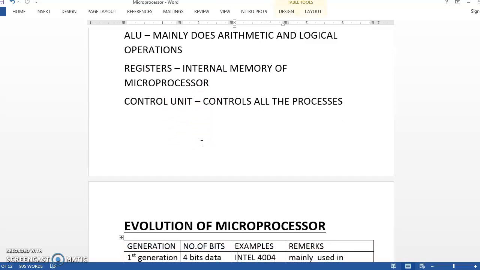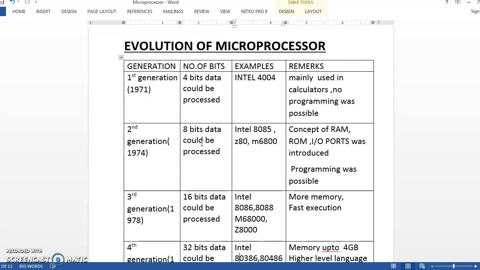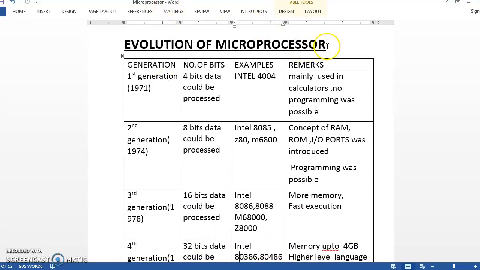So before going to 8085, we will see the evolution of the microprocessor. Evolution of the microprocessor basically depends upon the number of bits which it can process. The first generation is called the 4-bit microprocessor. The example of it is the 4004.